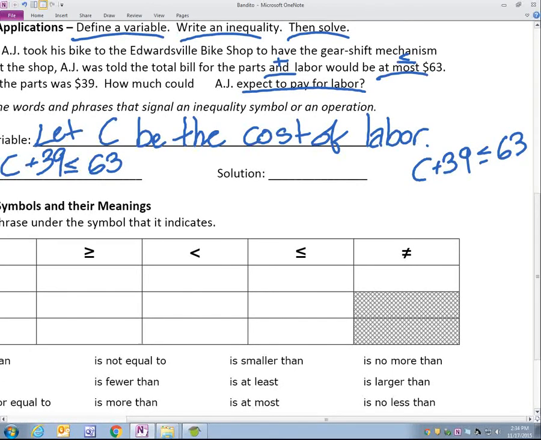So I do C minus 39 to both sides. Sorry, 39 being subtracted from both sides. And this is going to be 24. So my solution is the cost is less than or equal to $24.